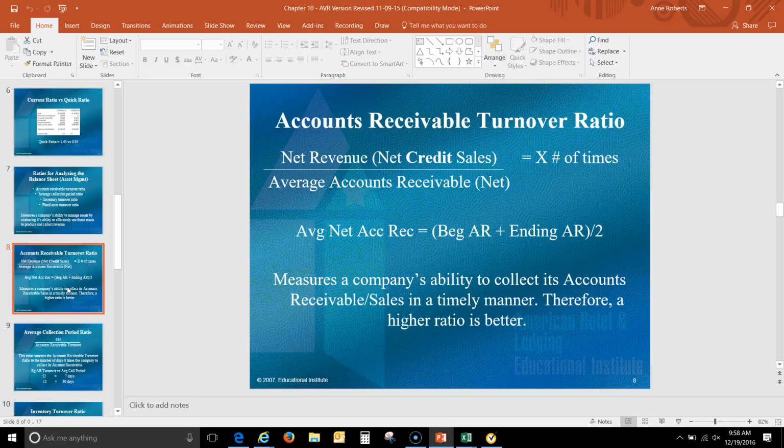So 26 times per year is an average of every 2 weeks. Try to get that intuitive thought going in your head, because that'll be a really good check figure for you when you start calculating these. And if you get something a little wonky, you can catch it right there on the spot. What if our accounts receivable turnover ratio ended up being somewhere around 12?